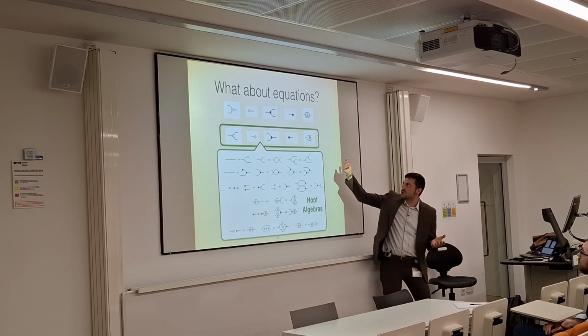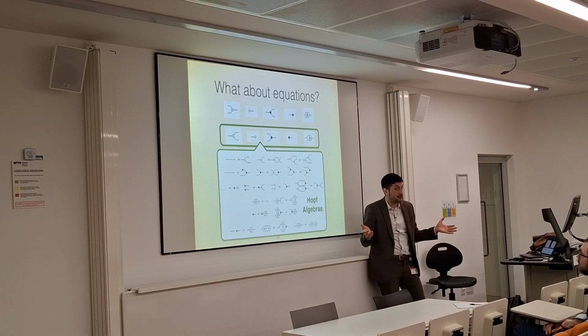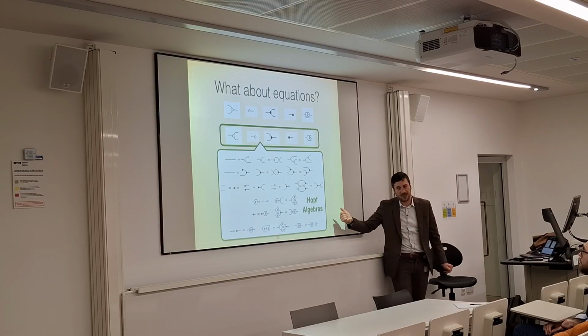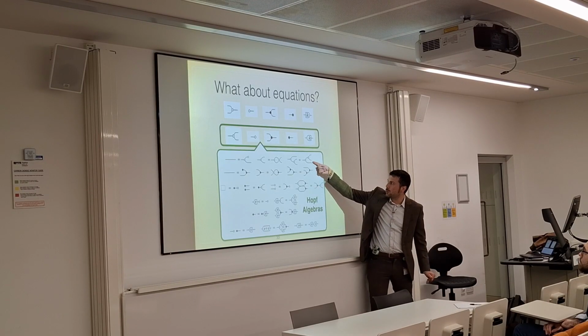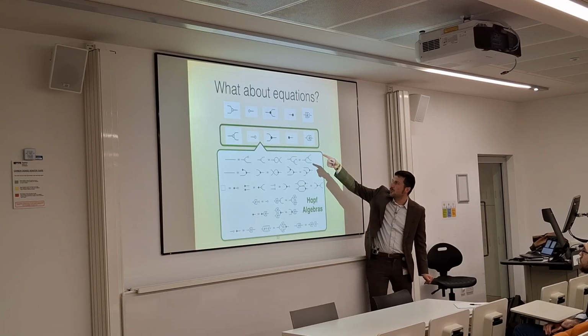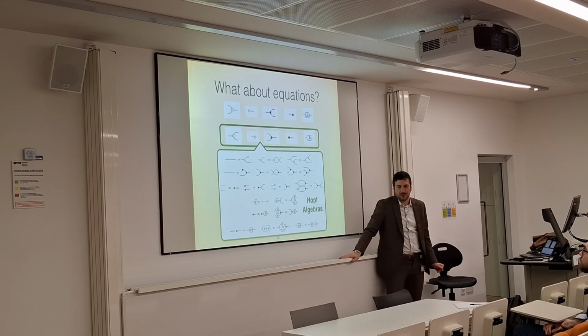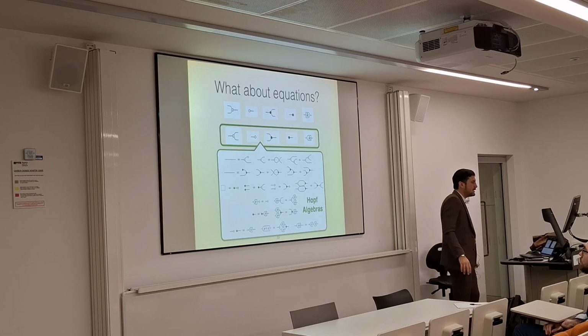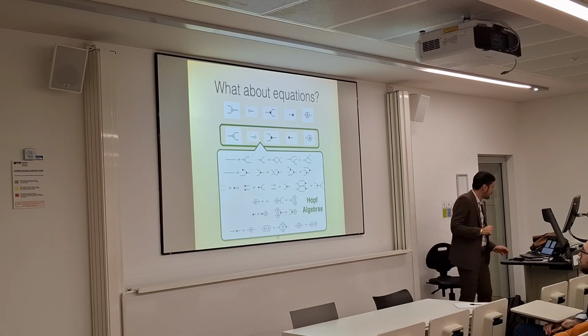Well, because they are just reversed, we don't need to do any effort. We just take the equations of Hopf algebras reversed. And this is again a Hopf algebra actually. It's just that the role of the comonoid is played by the white structure, the role of the monoid is played by the black structure. But it's still a Hopf algebra. Okay? So we don't need to prove anything new so far.